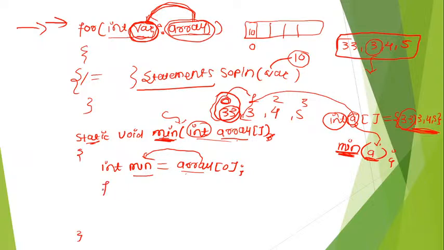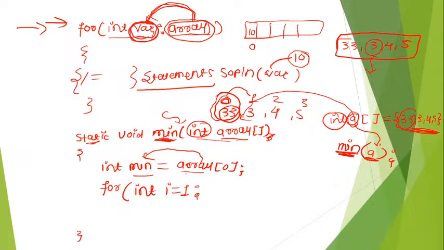Now I am iterating with a for loop, because we have to compare all of these automatically. We will not calculate individually one by one. So you can simply use the for loop with int i equals 1.